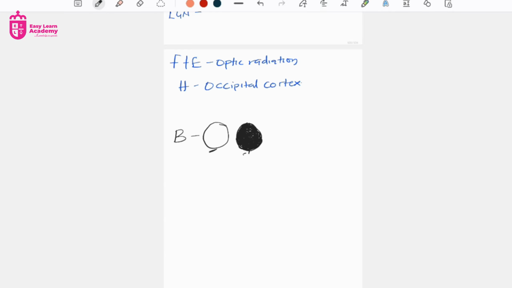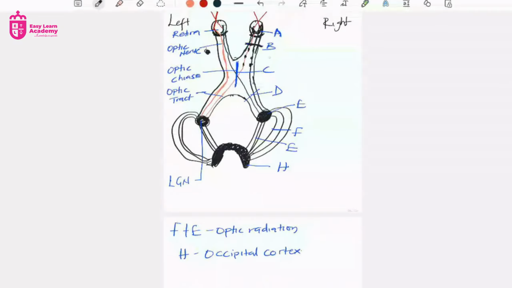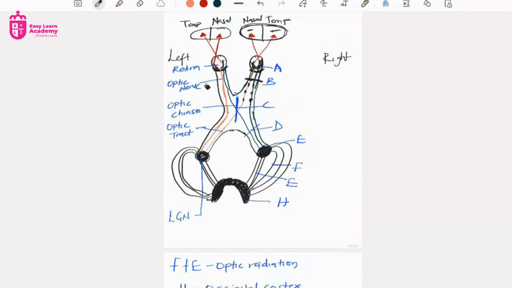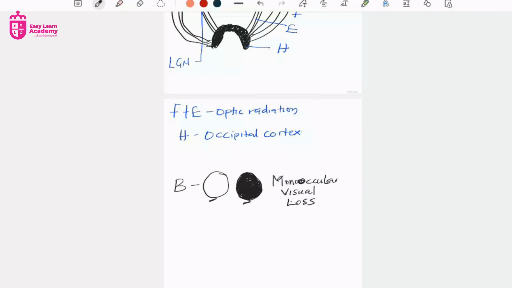He can't see from here because it's affected. This is what we call monocular visual loss. Because it's on the same side that is affected, the lesion is on the right side and it's the right eye that is affected, we will call it ipsilateral.